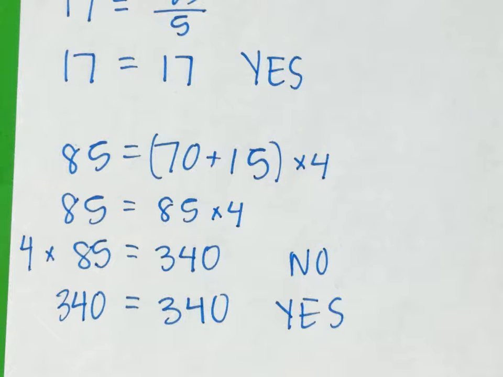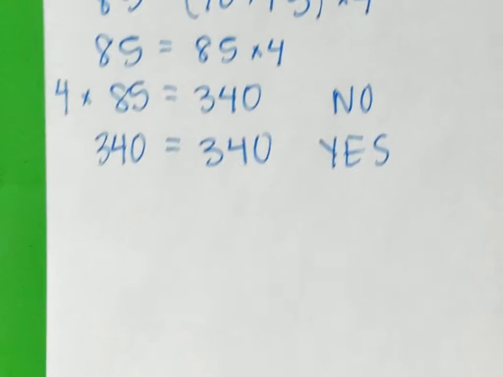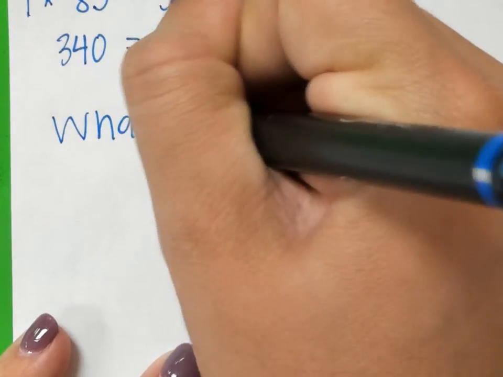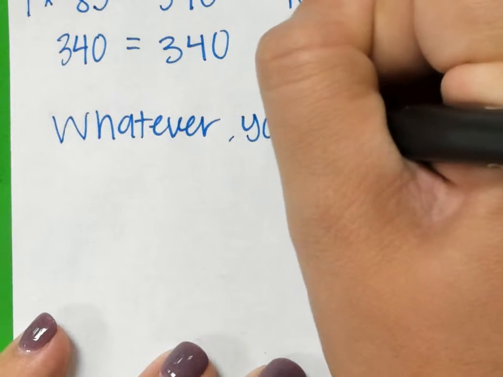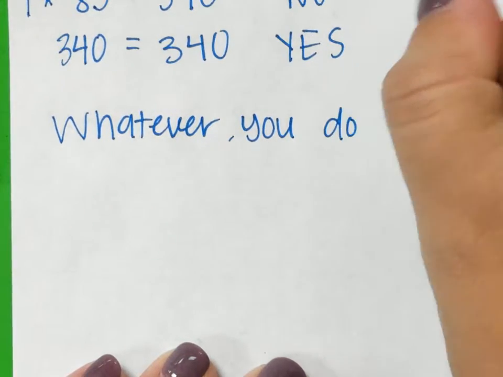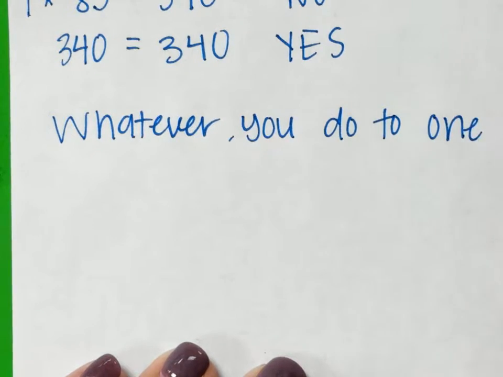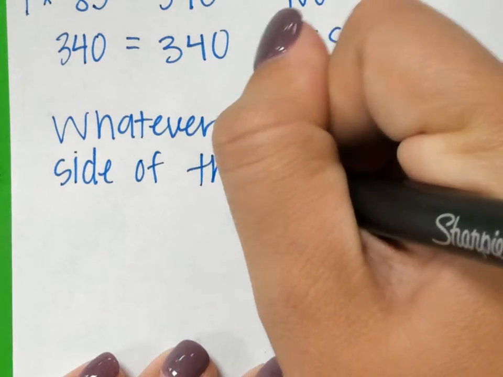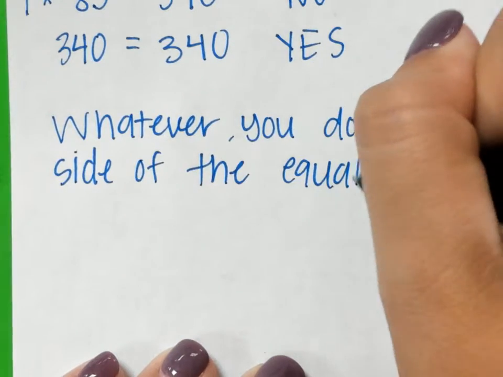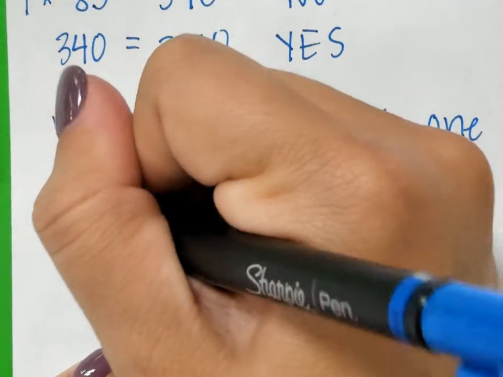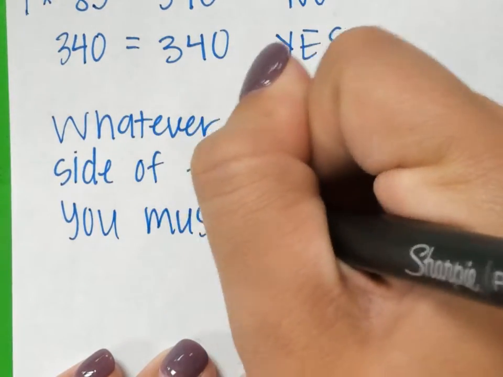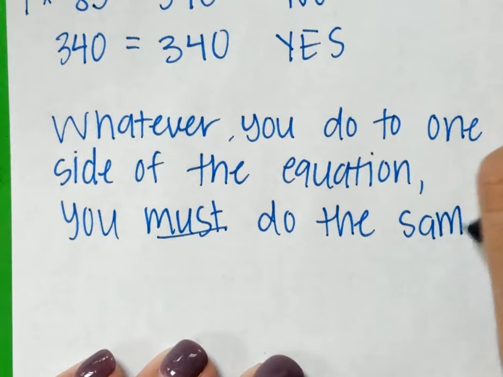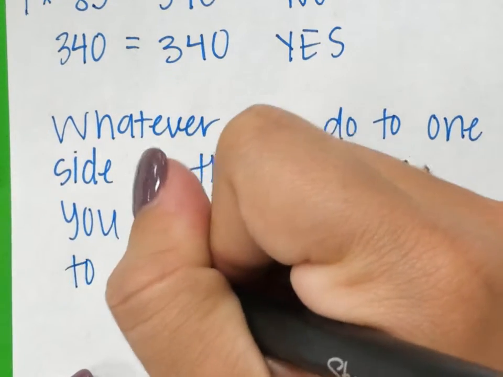Okay? So, everybody write this down at the bottom of your page. Or the top, wherever. Whatever you do to one side of the equation, you must do the same to the other side.